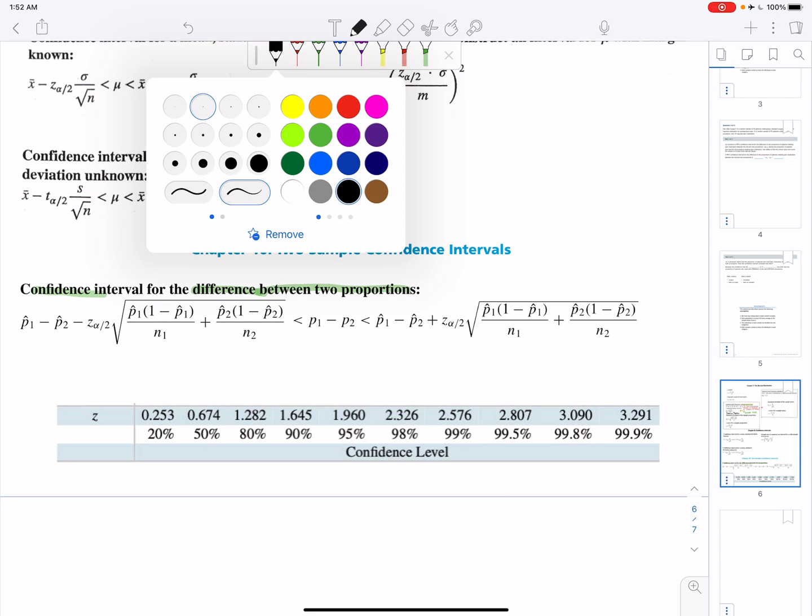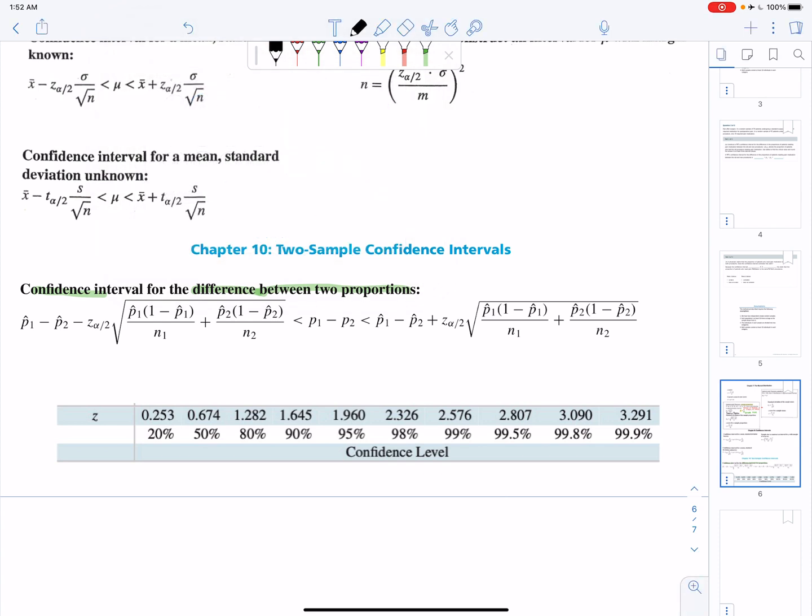So in the middle here, notice this is P1 minus P2, and it's not a hat. So this is the difference of our population proportion 1 minus population proportion 2. So this is from the population.